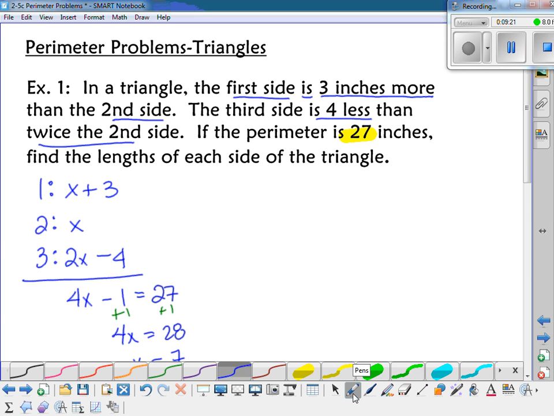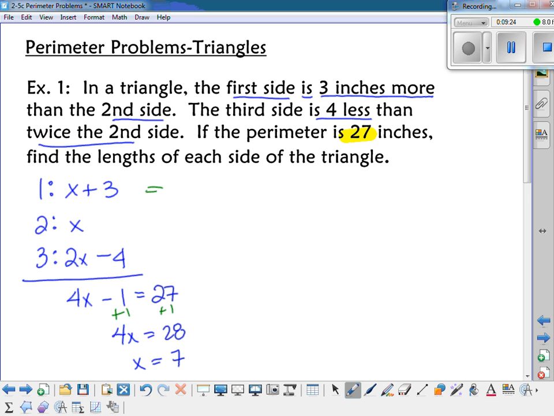So then you just go back and plug that in up on top. X plus 3 would be 7 plus 3, or 10. X is just 7. And then we'd have 2 times 7 minus 4, so that's 14 minus 4, which equals 10 also.